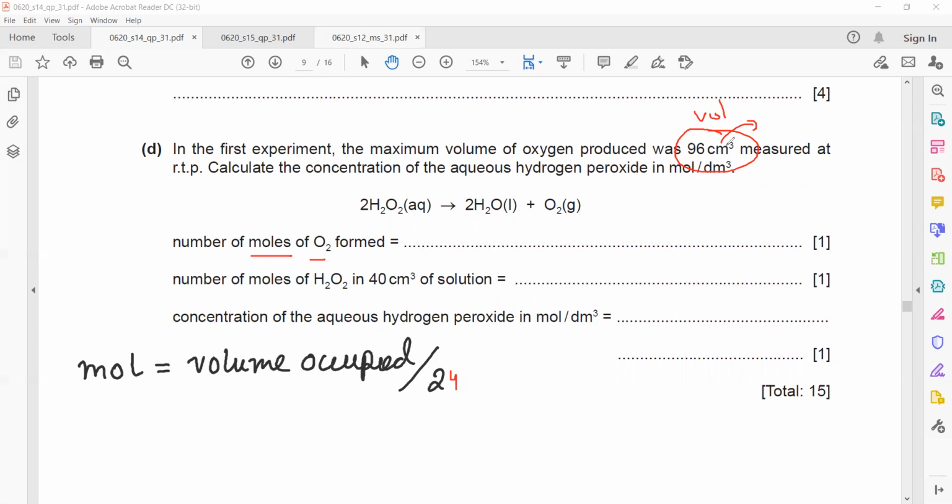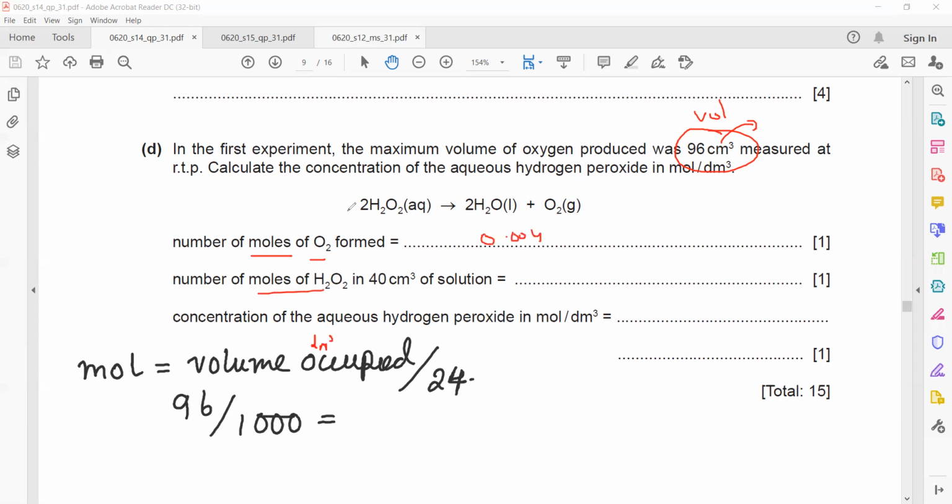So that is 0.096. Divide by 24, so that is 0.004.